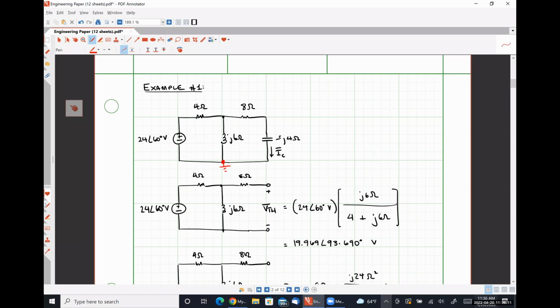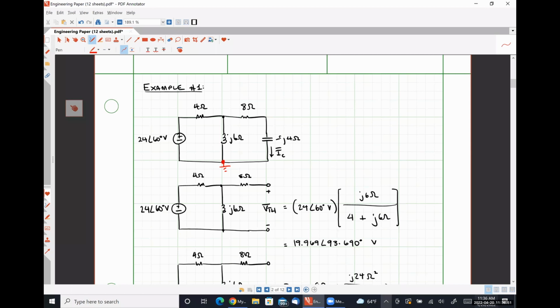If I treat this bottom node as ground and combine these two, the 8 ohm resistor and the negative J4 ohm capacitance, into a single equivalent impedance of just 8 minus J4, if I apply Kirchhoff's current law at this top middle node, the only unknown voltage is the voltage at this top middle node. Dividing that voltage by this 8 minus J4 ohm impedance gives me my capacitor current. So it's really just application of KCL and then Ohm's law, but it looks awfully like nodal analysis.